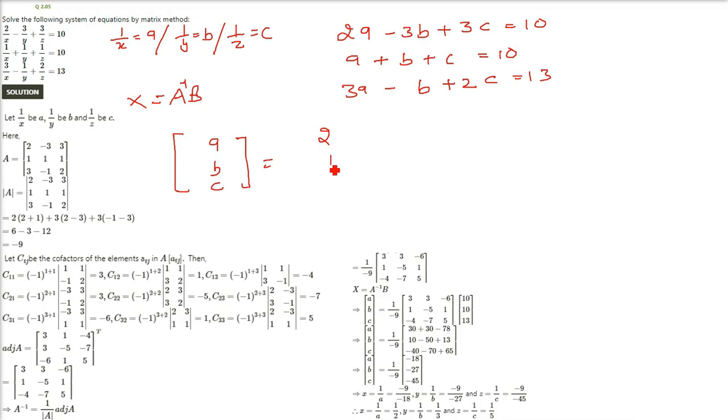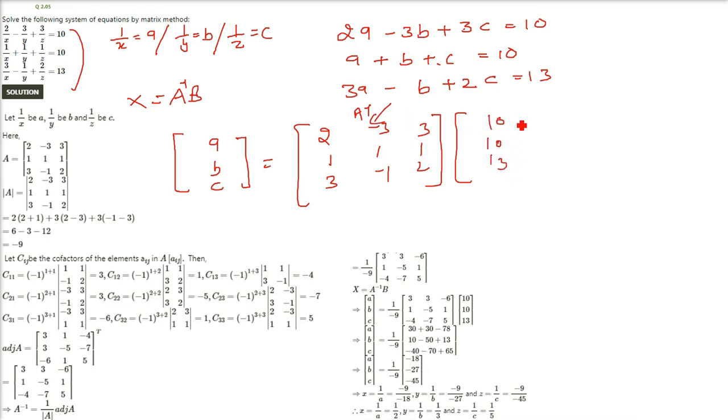So let me write the matrix for which you have to find the inverse. This is the coefficient of A, 2, 1, 3. Coefficient of B, negative 3, 1, negative 1. Coefficient of C, 3, 1, 2. So this one is A, and this matrix A inverse needs to be found out.